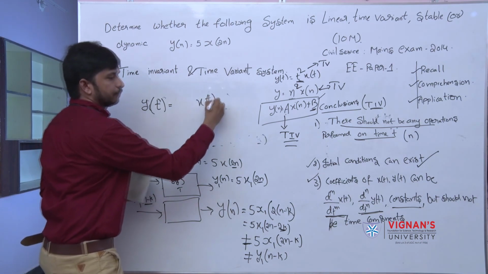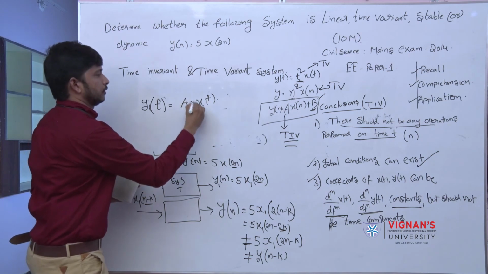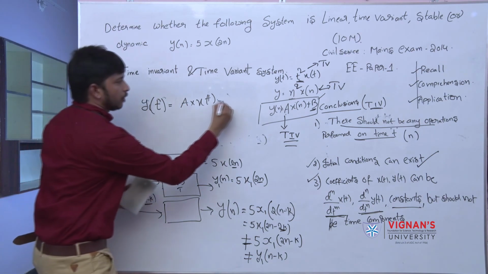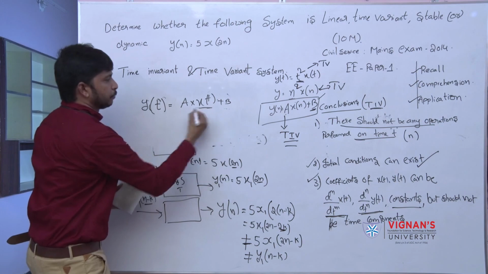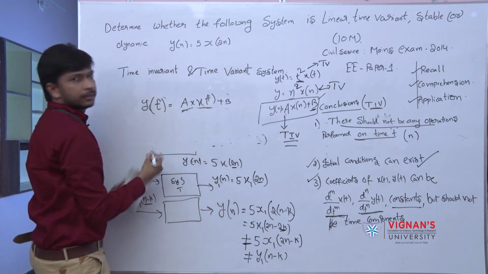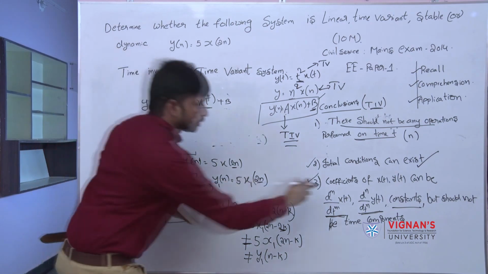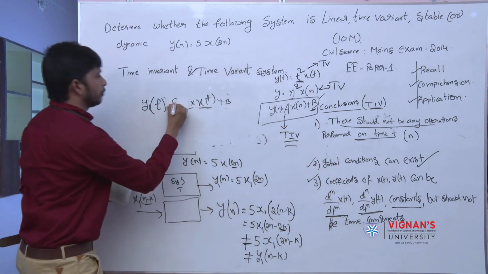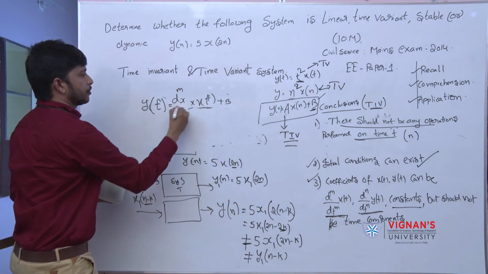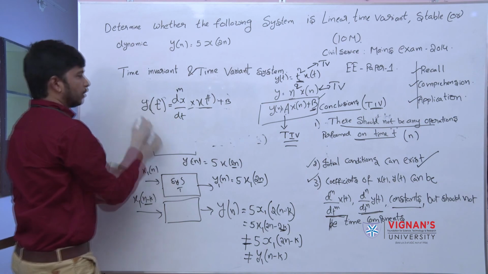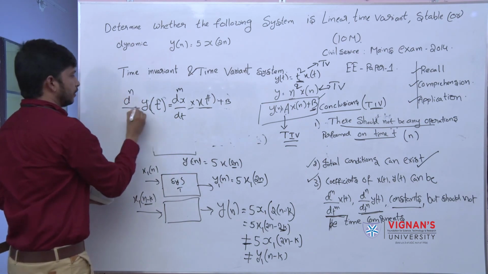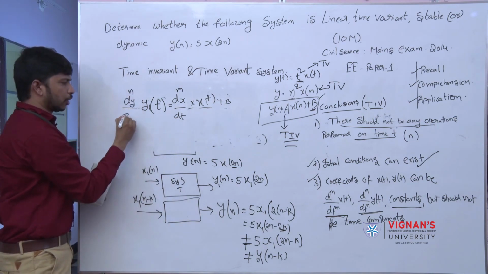The coefficient of input x of t can be a constant, and can be a differential component, okay, or like this, can be differential components of input or output, both.